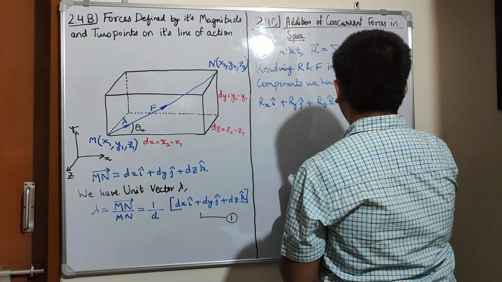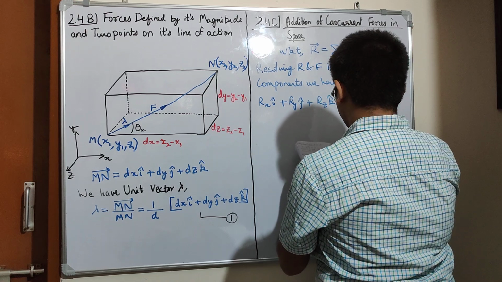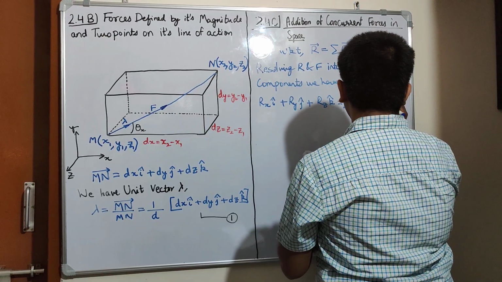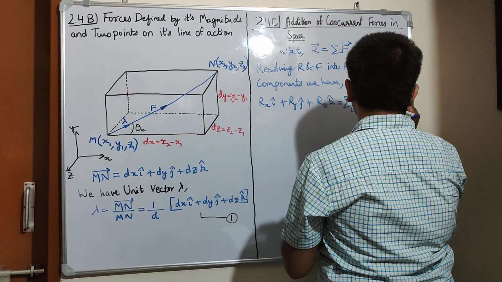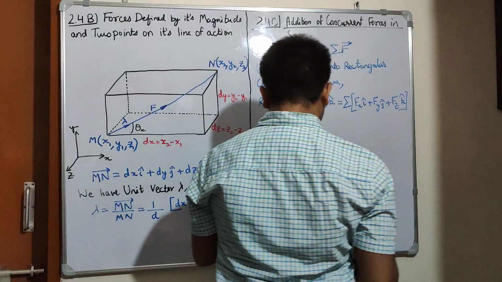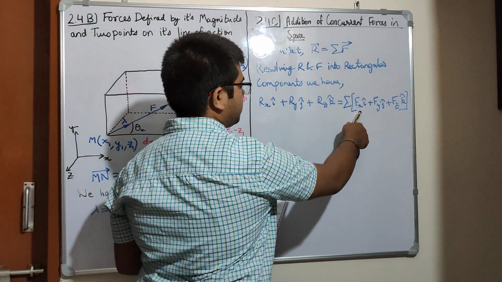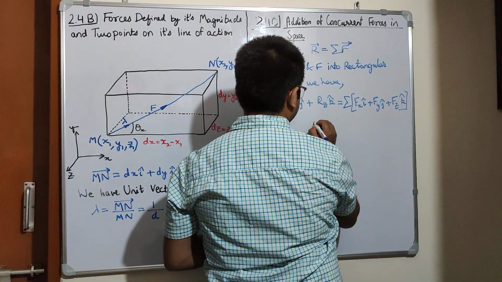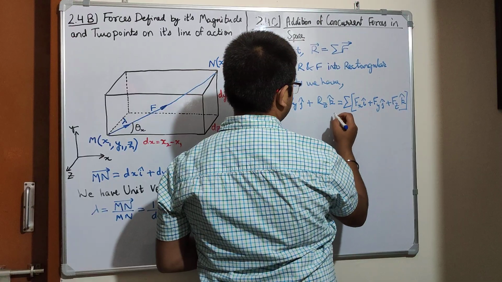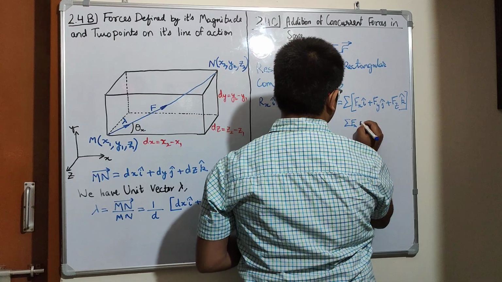summation of Fx i cap, Fy j cap plus Fz k cap. So now if we take the summation inside, it would be summation Fx i cap.